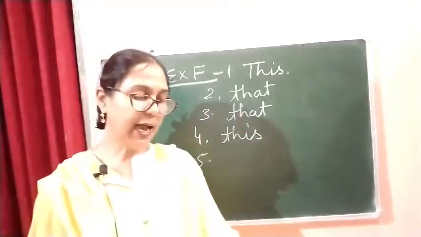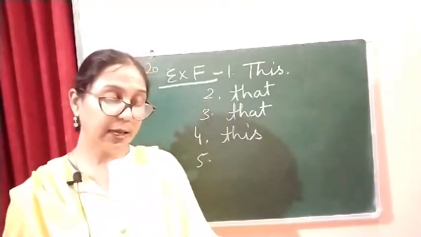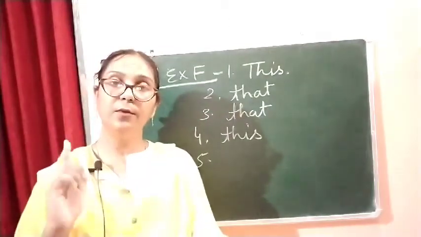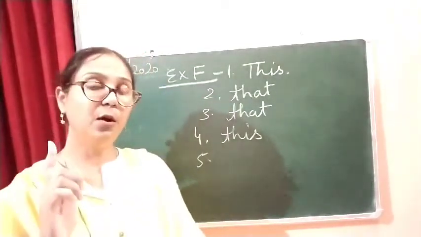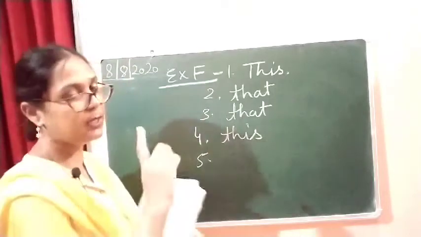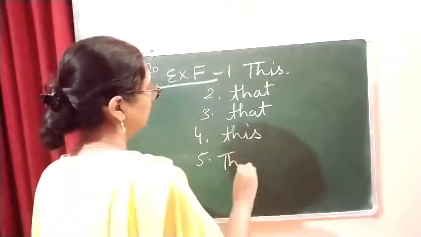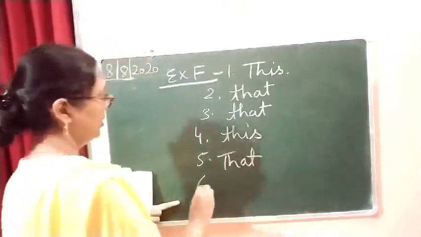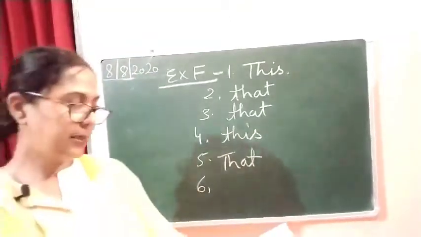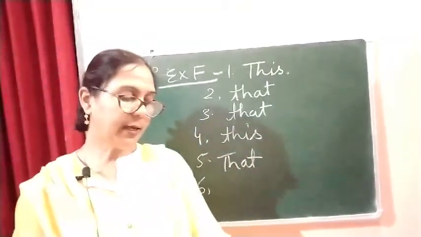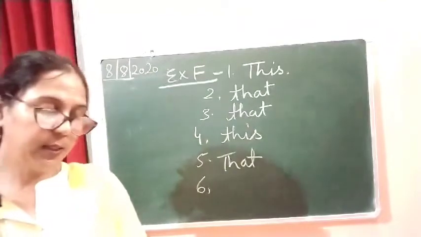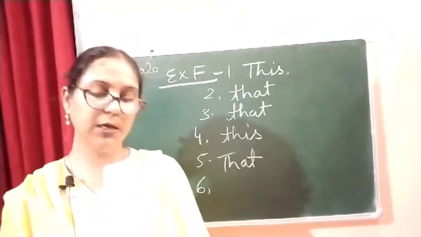Number 5, these, those, that pencil box is mine. Now here we are talking about one pencil box, so that is why we are going to use that over here, because this is a singular thing. Now in number 6, that, these books on the table belong to the teacher.